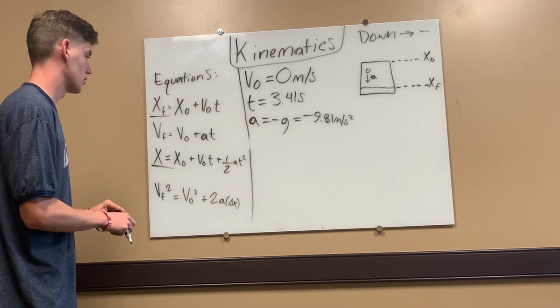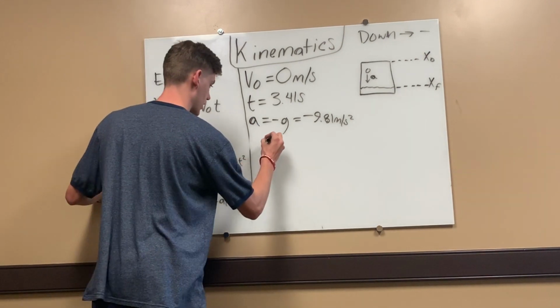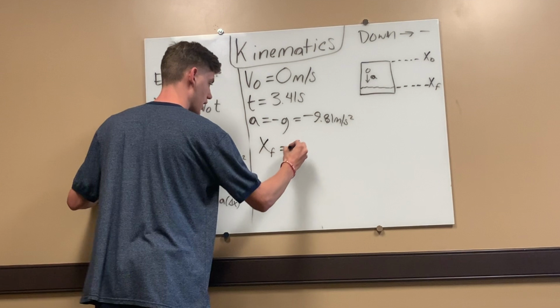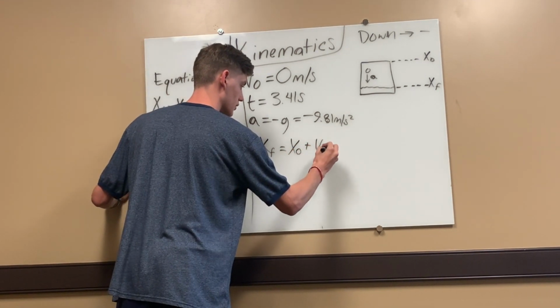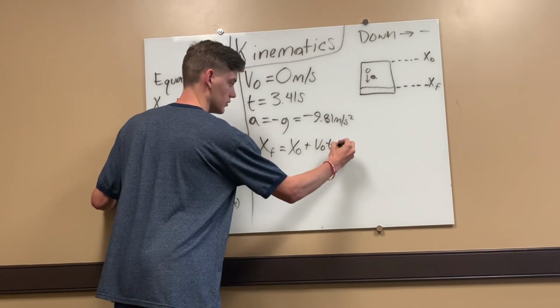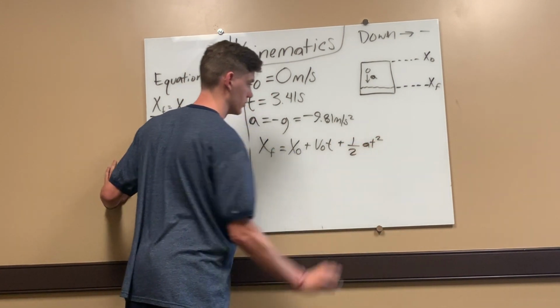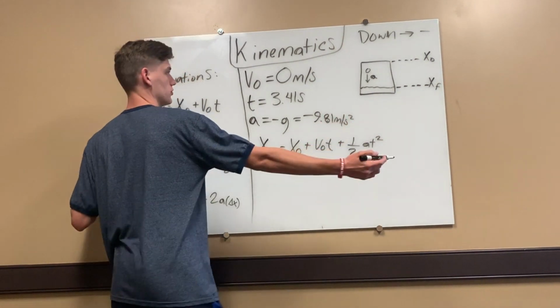I'm going to write this equation right here: x final equals x naught plus v naught t plus 1/2 a t squared. Using the information we're given, we have all these variables.